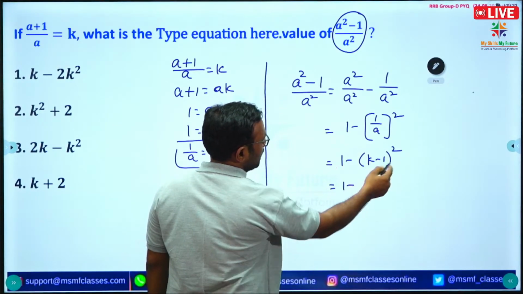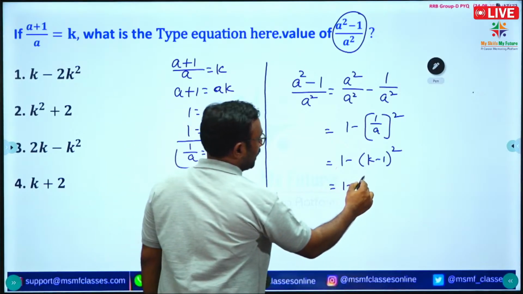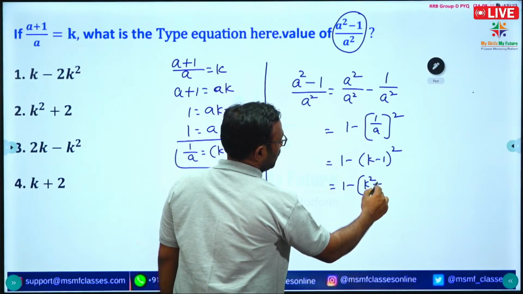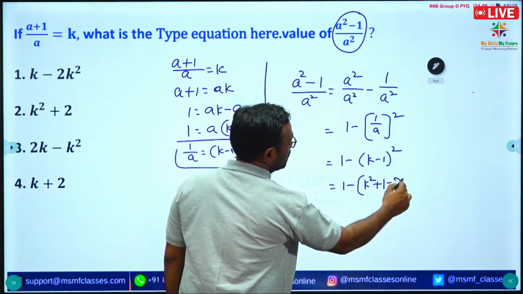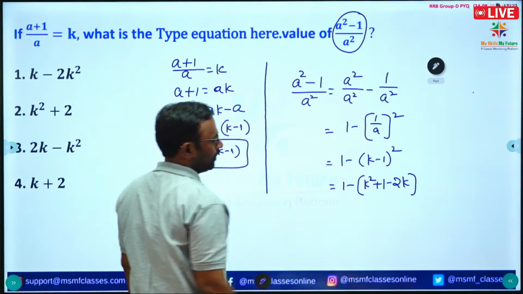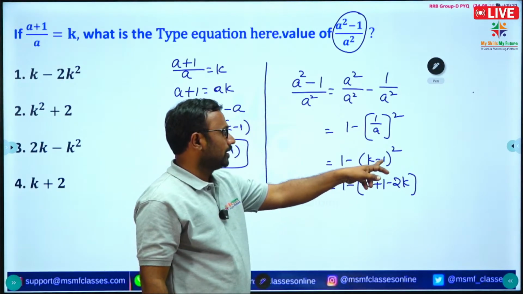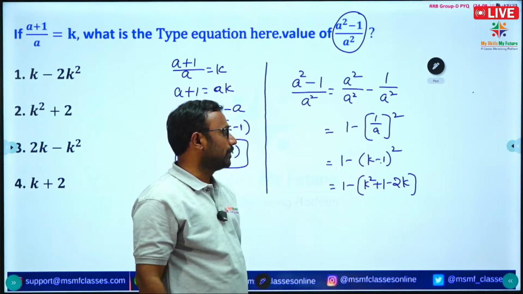So (a minus b) whole square is a square plus b square minus 2ab.